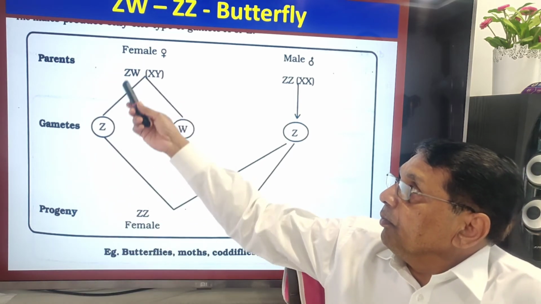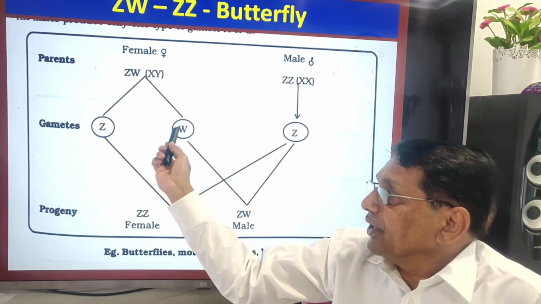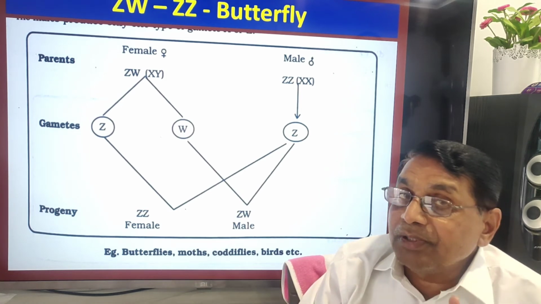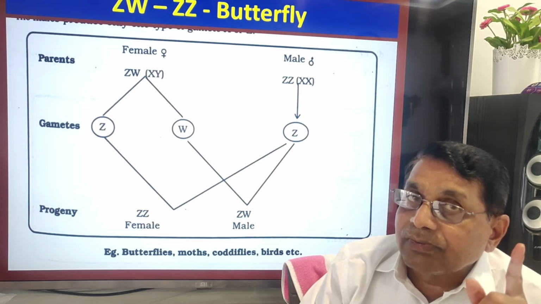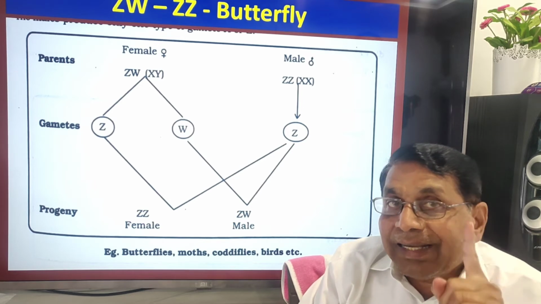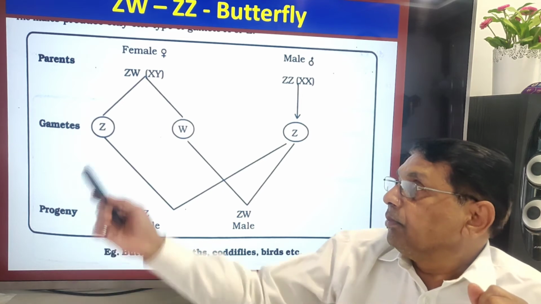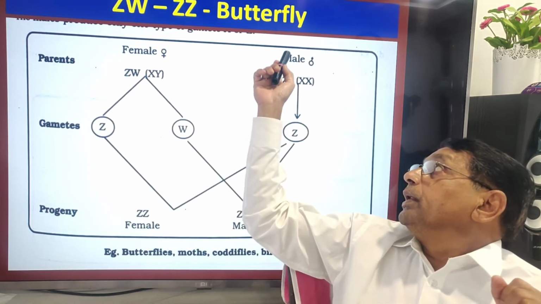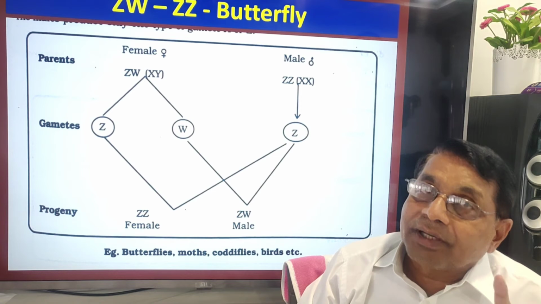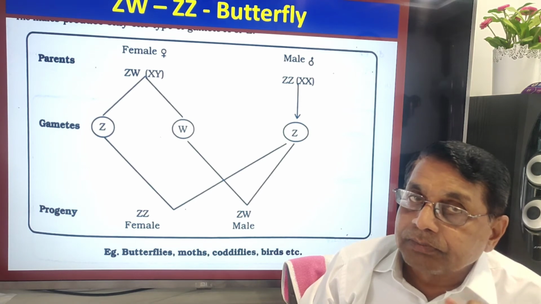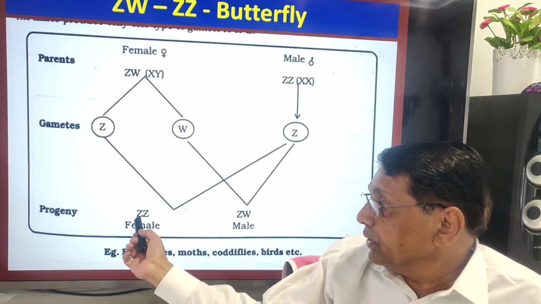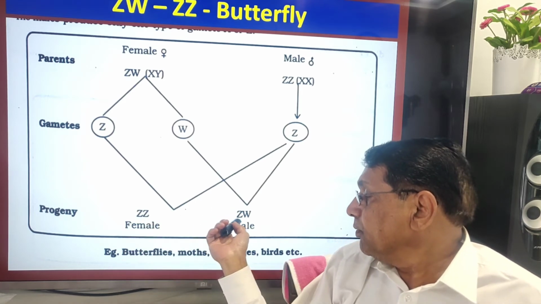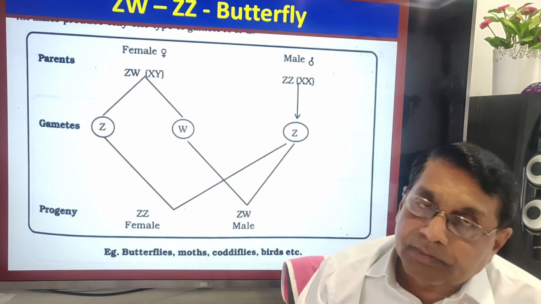Here, the female produces two types of gametes, but in human beings only one type. Remember, in human beings the female produces only one type of gametes, but here two types. Here the males produce only one type of gametes, reverse. So in the progeny, ZZ male, ZW female, 50-50 again.